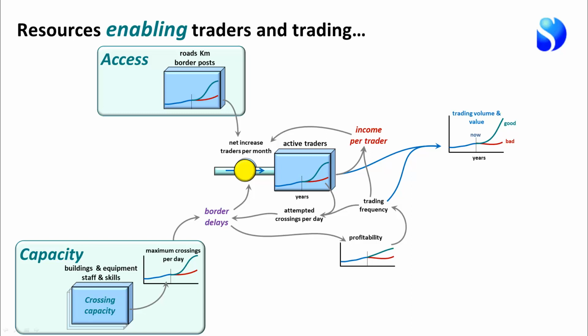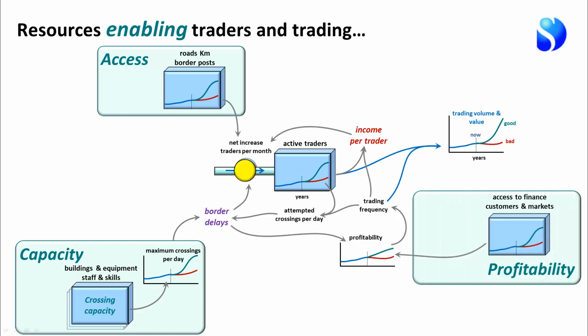And there are things to do with improving profitability. We may need to help people get access to finance, make sure that the customers and markets across the border are developed, and that will help people become more profitable and increase their trading frequency.